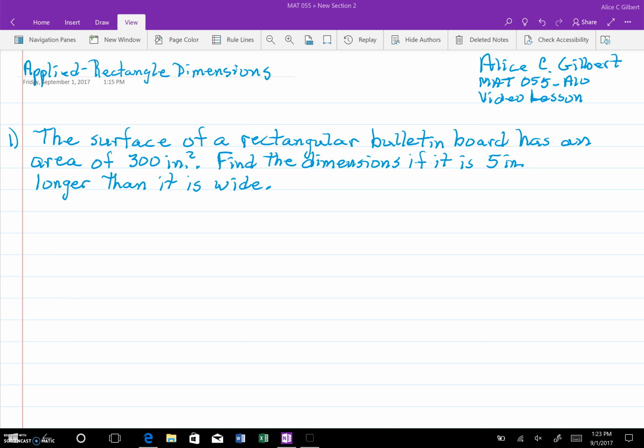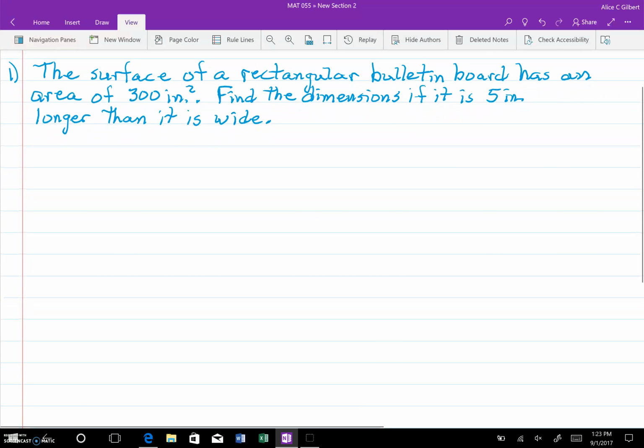So you can either talk about dimensions, which means you're meaning length and width, or you can talk about the length and width, which means dimensions. They're exactly the same thing, but don't ever use both of those terms. You don't use length and width and dimensions all in the same sentence, one or the other, okay? So we have this bulletin board and we want to know how long it is and how wide it is. There's my story to my 5-year-old, okay?